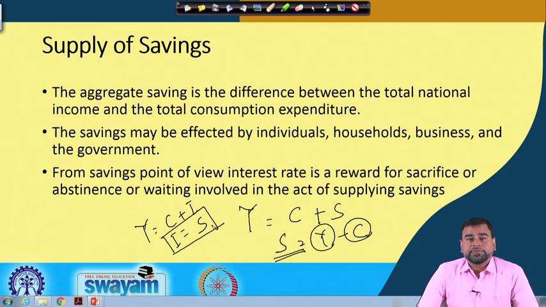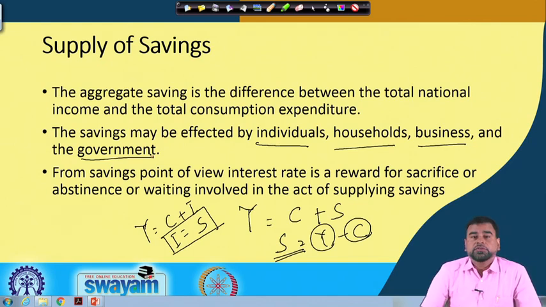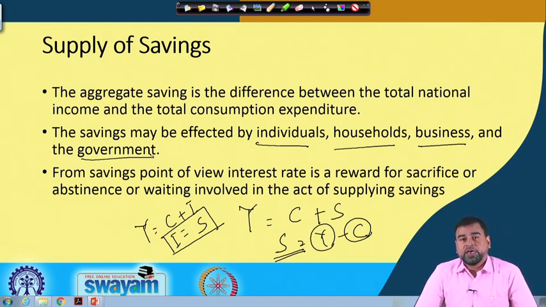Then who saves? Who are the stakeholders available in the market who save money? The savings are done by individuals, households, business and the government. These are the different sources from where the savings come.